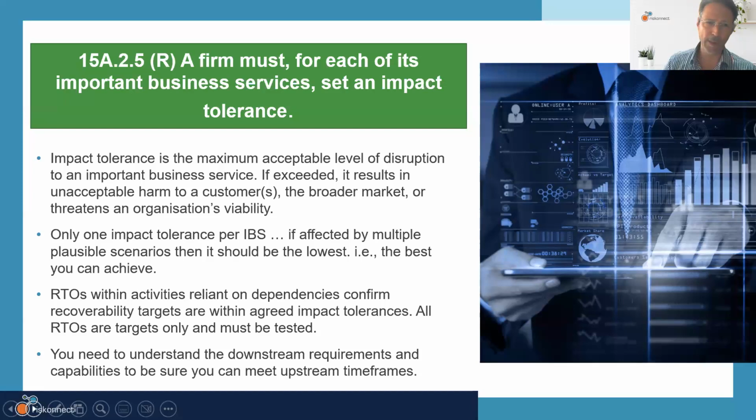I'll just jump in there just quickly. Of course. To that point, when you're thinking about your impact tolerance, you need to look at each one of those consumers and look at the one that has the impact tolerance that's most severe, in other words, intolerable harm at the quickest time. Let's just say you're looking at paying a bill. You look at the different types of bill and say, well, actually, some people might need to pay a mortgage.